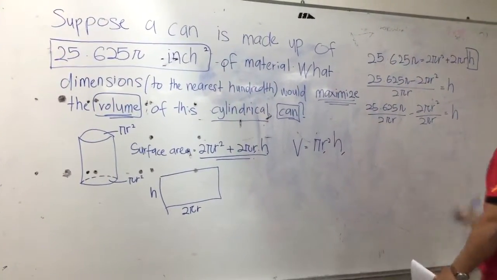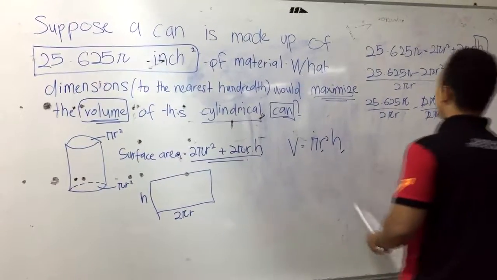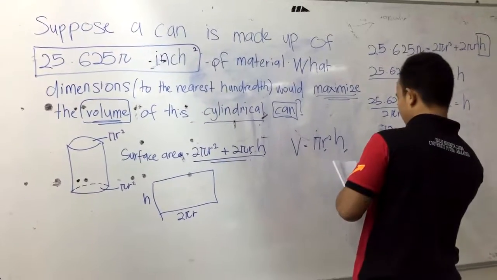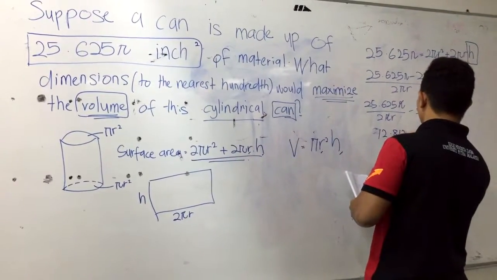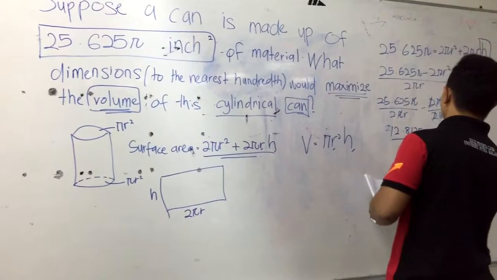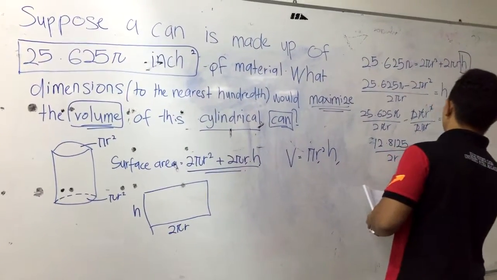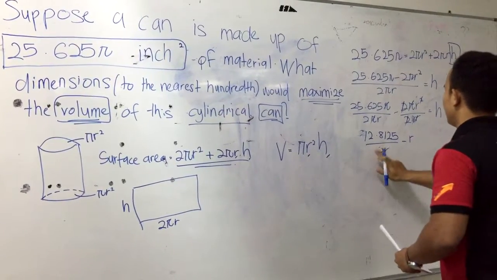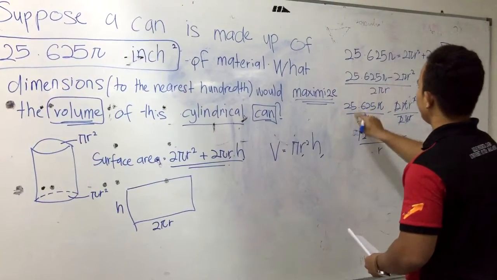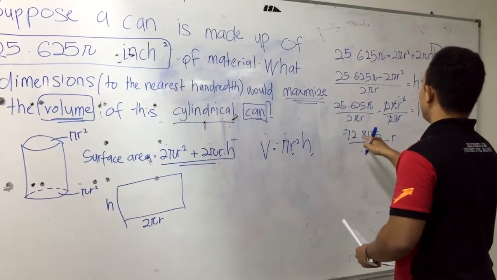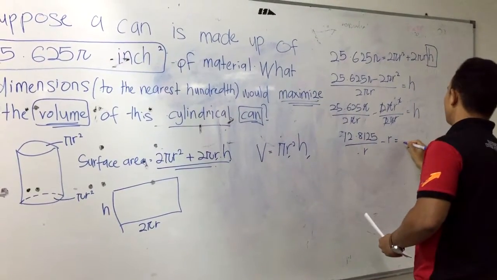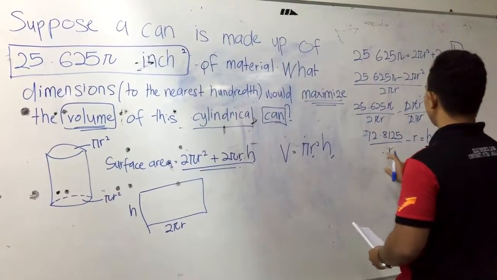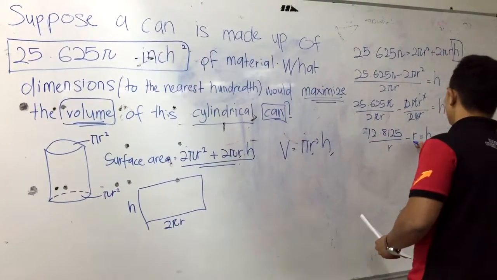So it will be 12.8125 over r. Dividing by 2, 12.8125 over r.